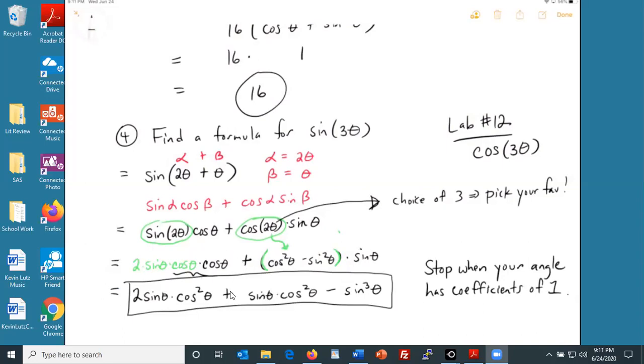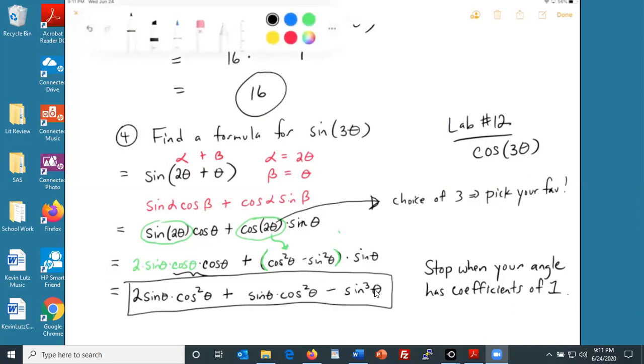So the second to the last step would have been good also, but I needed to simplify the parentheses. But notice all my angles, I have 2 times the sine of 1 theta times the cosine squared of 1 theta, sine of 1 theta. I have cosine squared of 1 theta and sine cubed of 1 theta.